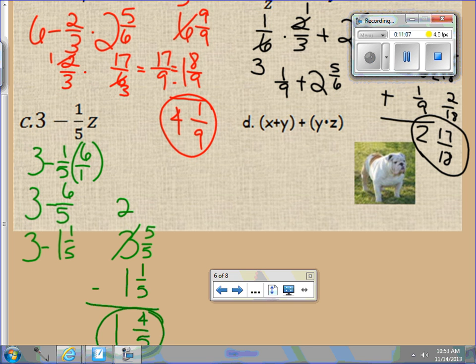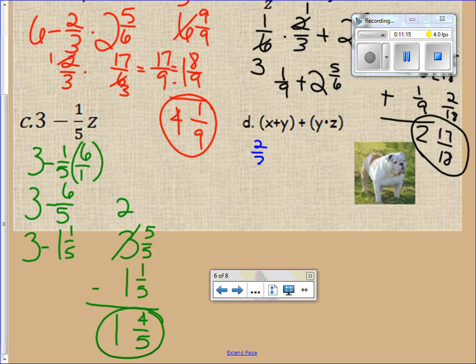In our D example, I'm going to set it up. Order of operations tells me that I need to do the grouping first.